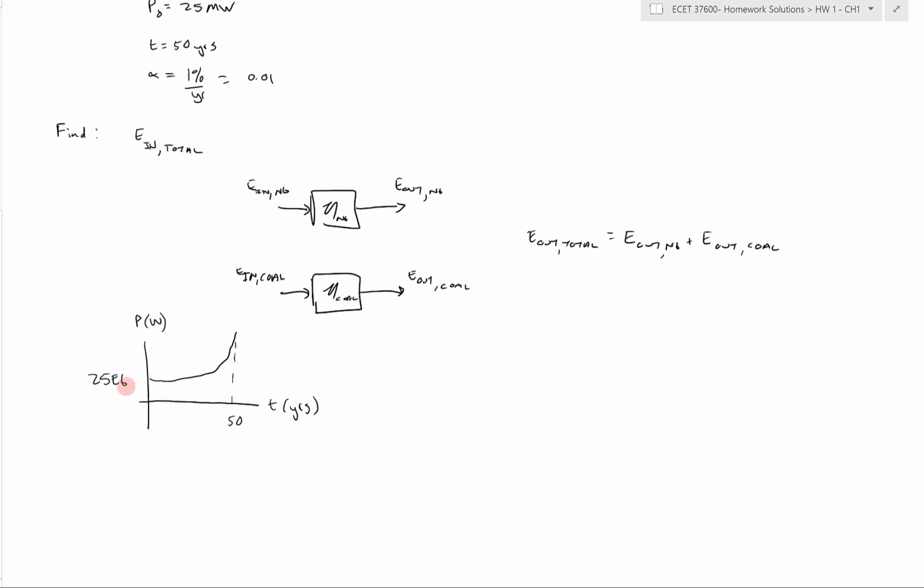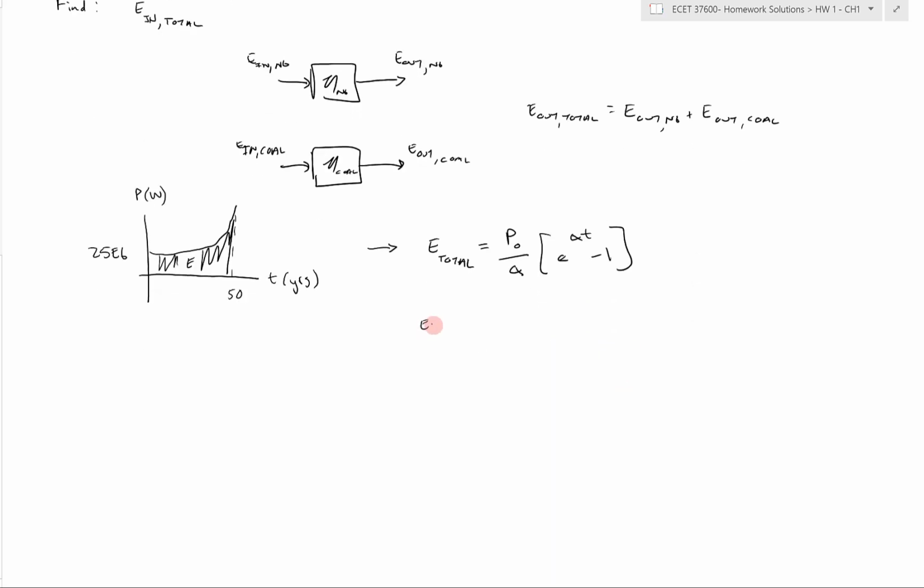And remember, if we integrate this, we get total energy used over that time period. And we've done that a couple times now. We know that the total electrical energy used is going to be P0 divided by alpha times e to the alpha t minus 1.